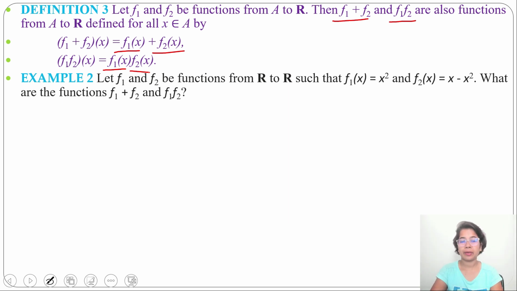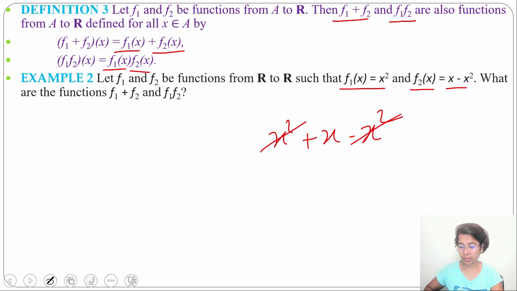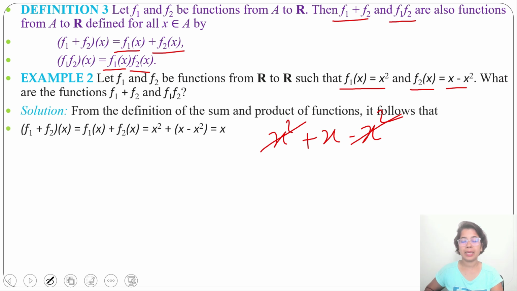Example 2: let f1 and f2 be functions from R to R such that f1 of x equals x squared and f2 of x equals x minus x squared. What are the functions f1 plus f2 and f1 times f2? First, f1 plus f2 will be x squared plus x minus x squared. Now x squared minus x squared will cancel, so f1 plus f2 will simply be x.